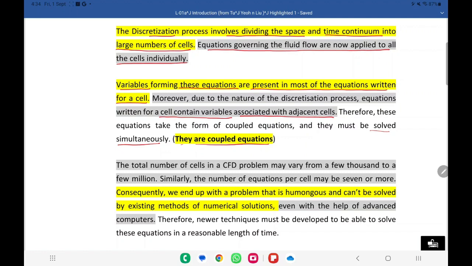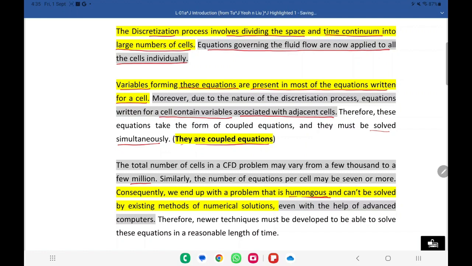So if your problem contains, suppose, 1 million cells, and let us say each cell has 8 equations, you have 8 million equations, and all these are connected and they have to be solved together. This is a humongous problem, you cannot solve it easily. Because you know how difficult solving a 3 by 3 matrix is.